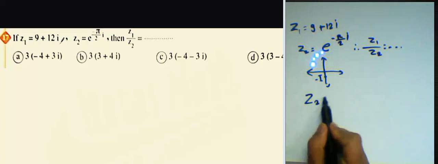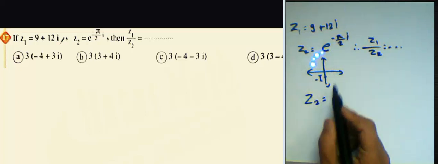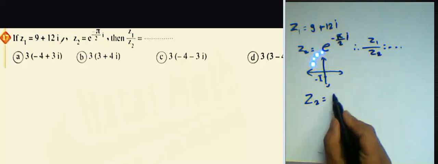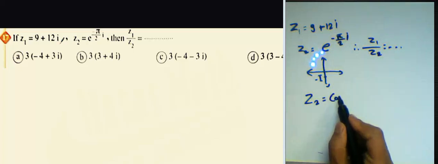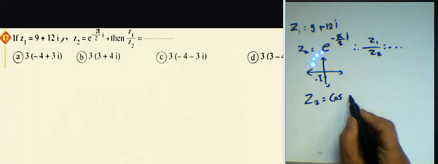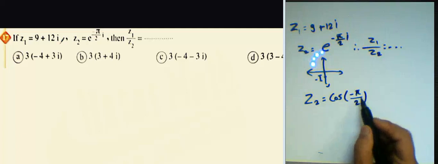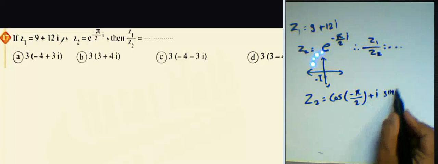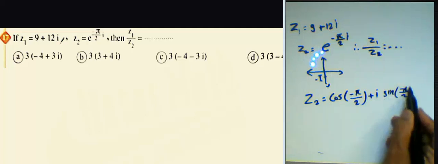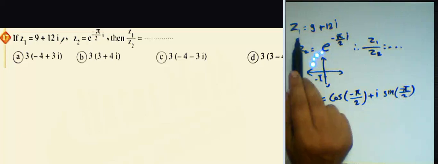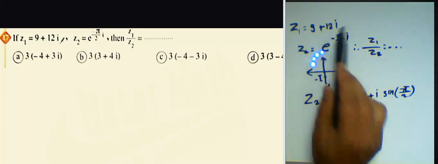Then z2, we can convert it, this image here, to algebra, trigonometric form: cosine of negative pi over 2, the angle equal negative pi over 2, plus i sine of negative pi over 2, z2, and we have here z1 equal 9 plus 12i.